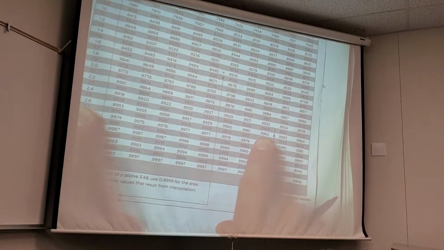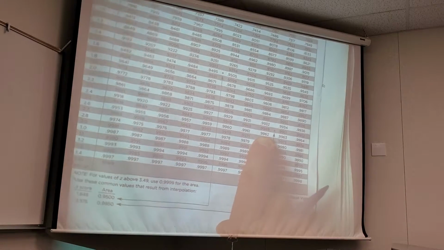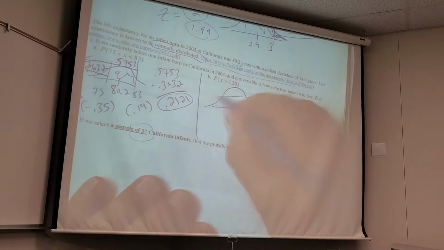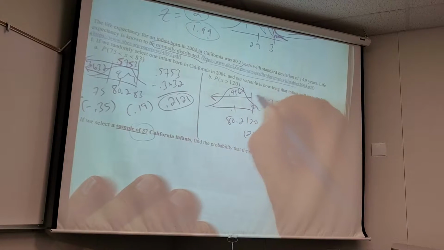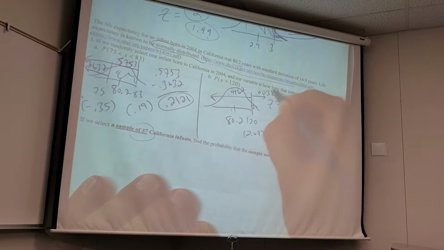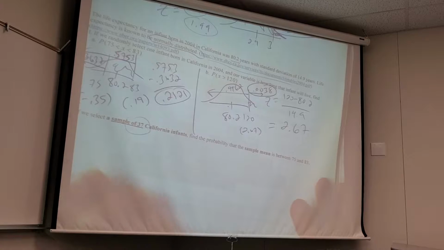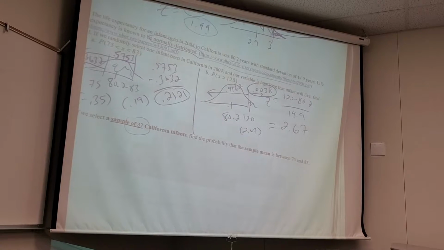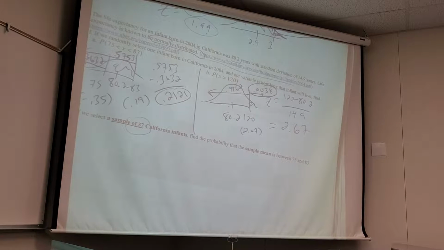You get 0.9962, it looks like. So then this would be 0.0038. So like a 0.4% chance that somebody born in 2004 lives to be 120.